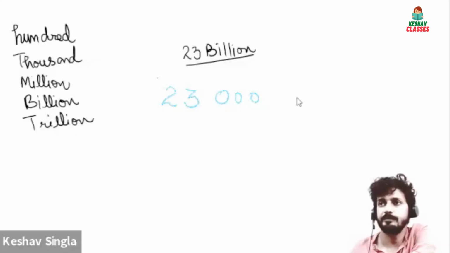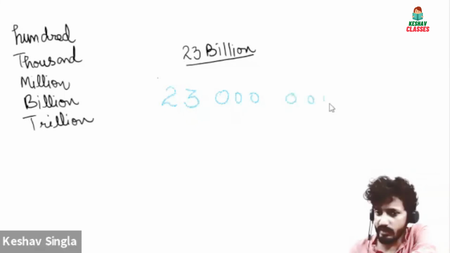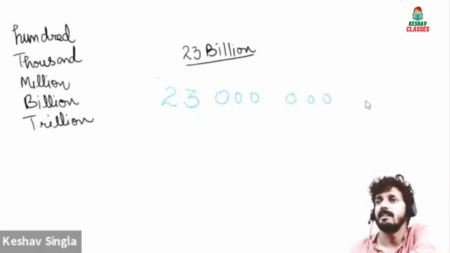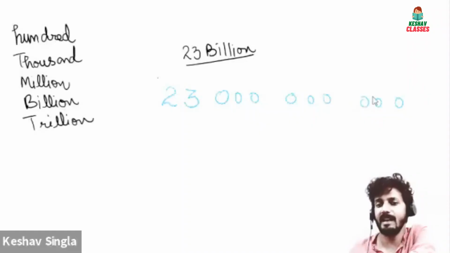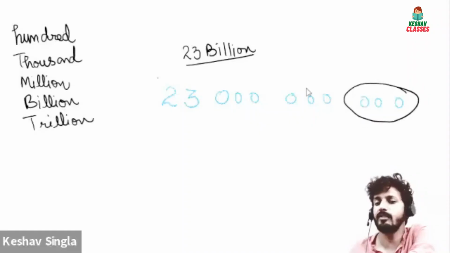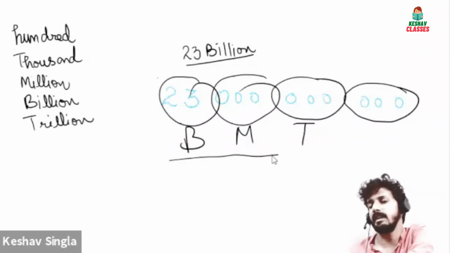Another 3 zeros. Another 3 zeros. And then? Okay, this might be it. That's it. Absolutely correct. This is 0, 100, 0 thousand, 0 million, and 23 billion.